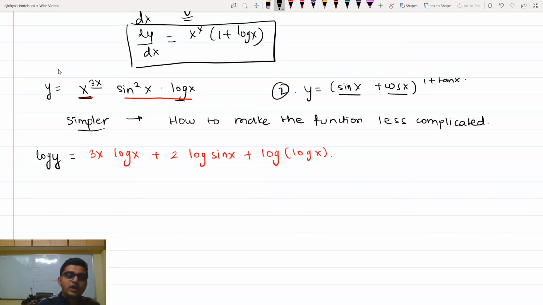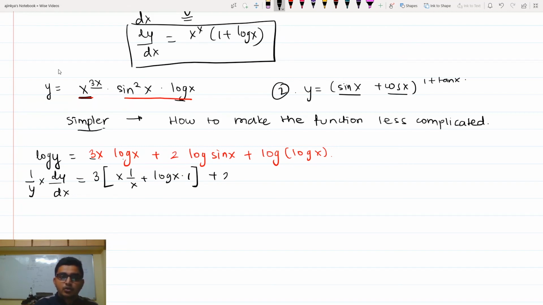And now when you differentiate this, it will be easy for you to understand why we are doing this. So log of y, when you differentiate, you have 1 upon y times dy upon dx, and now you can start differentiating all the factors. So we have 3 as a constant which can come out, so we have differentiation of x times log x, which will be, if we take x as constant, x times 1 upon x plus log of x as constant times 1, plus 2 times, now we have to differentiate log of sine x.